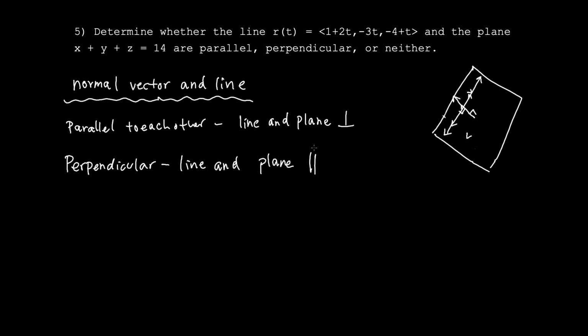So this is kind of like backwards logic, in a sense. So let's find the direction vector of the line and the normal vector of the plane, and then analyze it further from there.